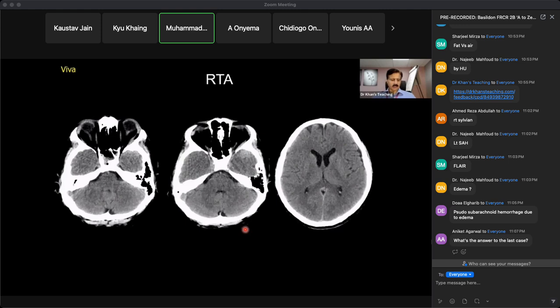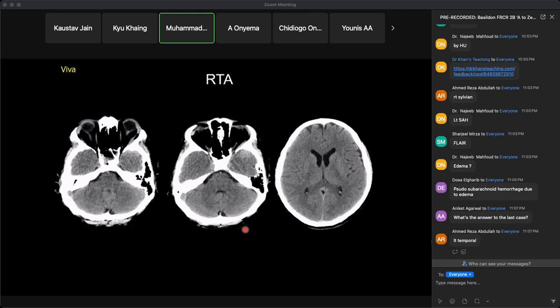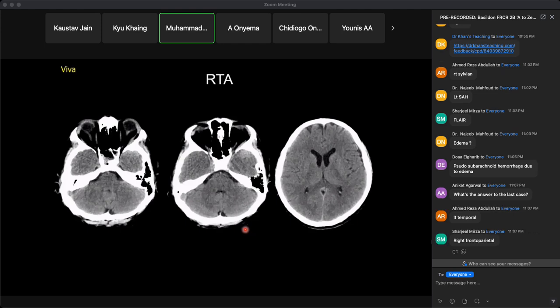Is there something happening there? Yeah, there is some low density anterior to the midbrain. No, that's okay. You see, this extradural hematoma, which is in the middle cranial fossa, has come up in the exam quite a few times. It's a difficult one, and that is why I'm showing you an example.